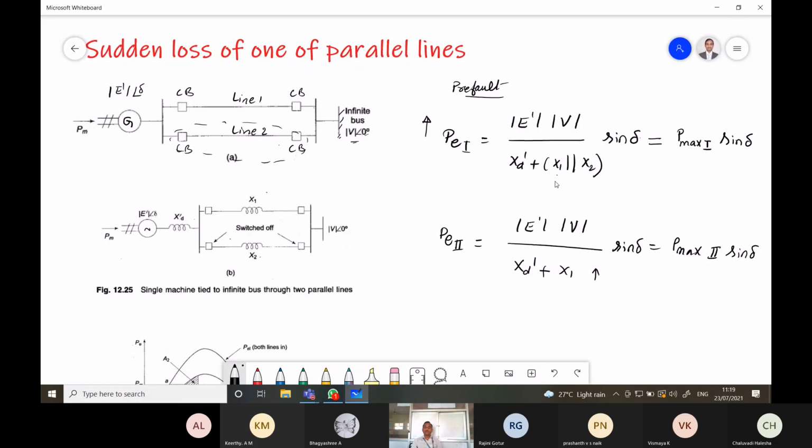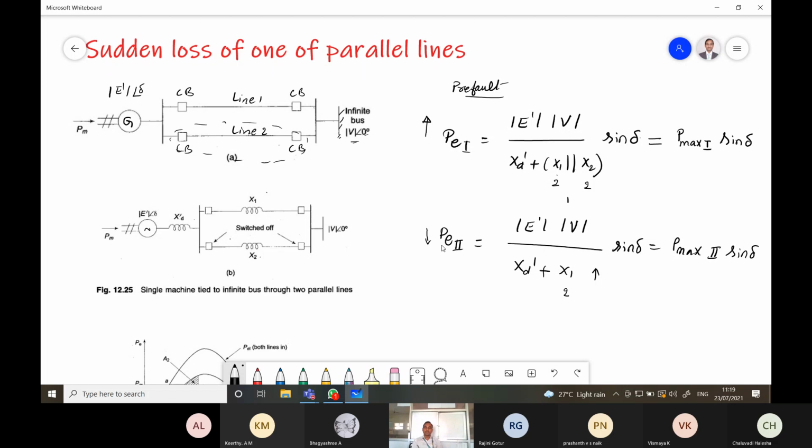Suppose X1 is 2 ohm and X2 is 2 ohm. The parallel combination of these two gives 1 ohm, whereas here we have only 2 ohm. So the line reactance is more in the second case, and the power delivered to the infinite bus will be reduced.